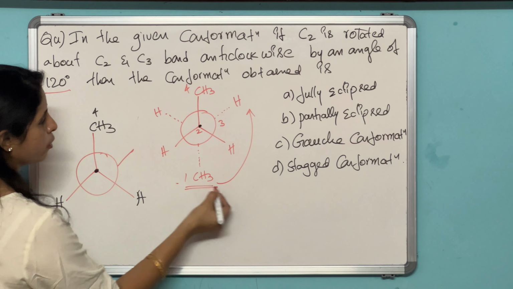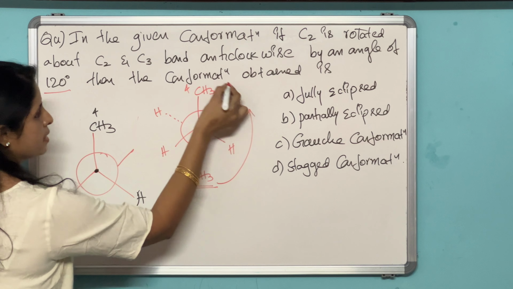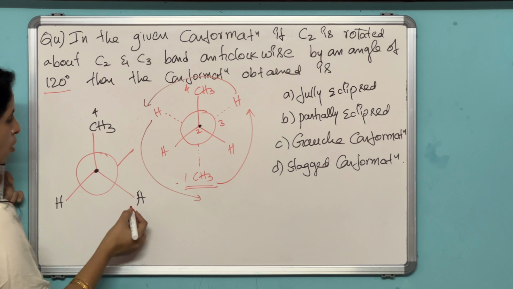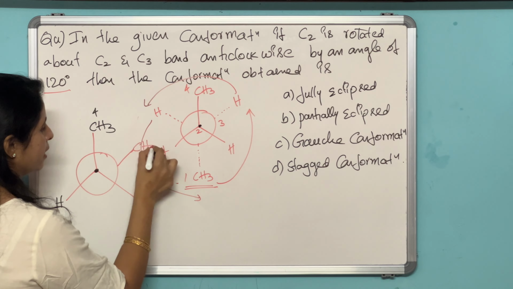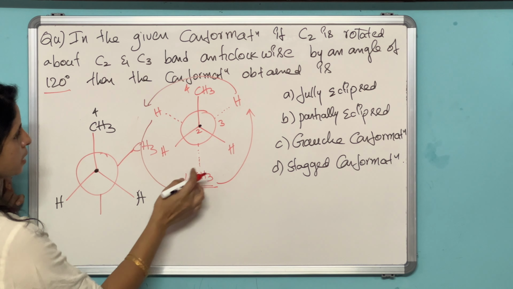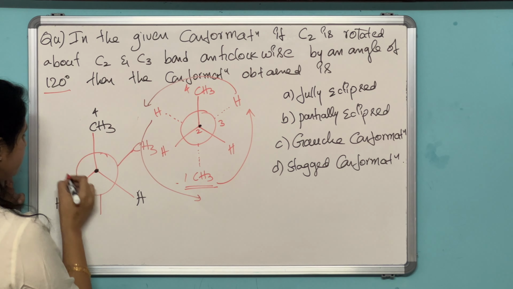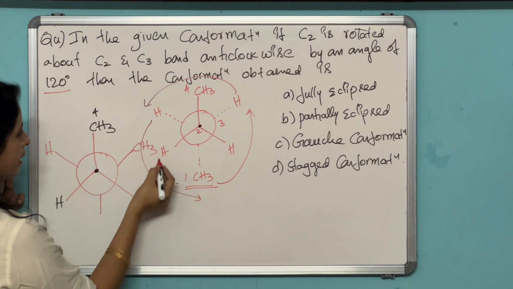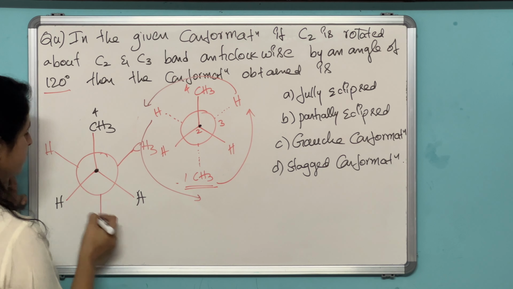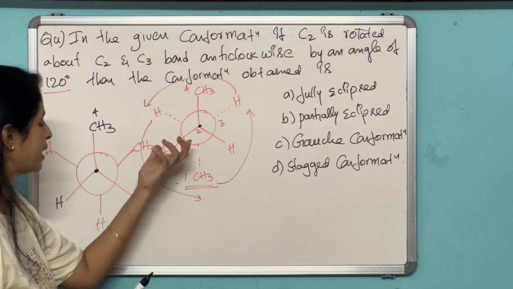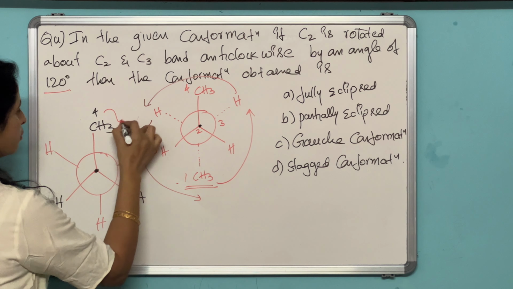So this methyl group comes to this side, this hydrogen this side, this hydrogen this side. This is anti-clockwise, as he asked. So what is your conformation?